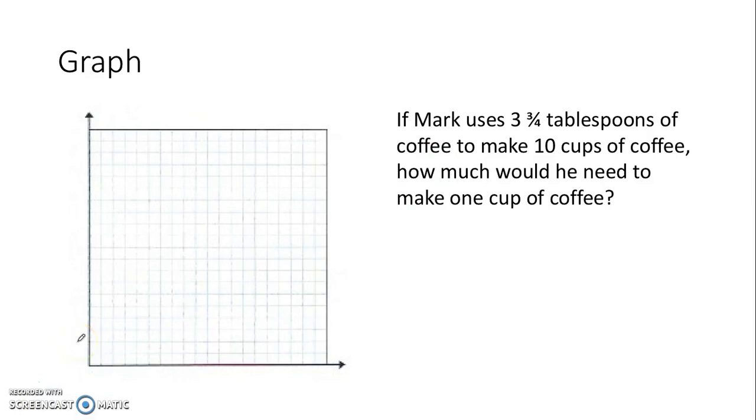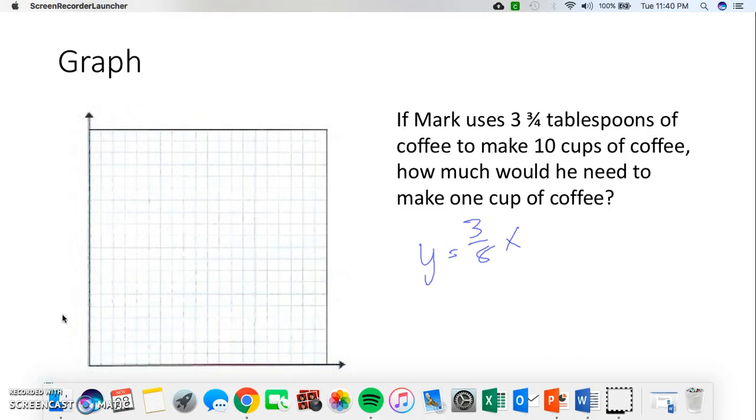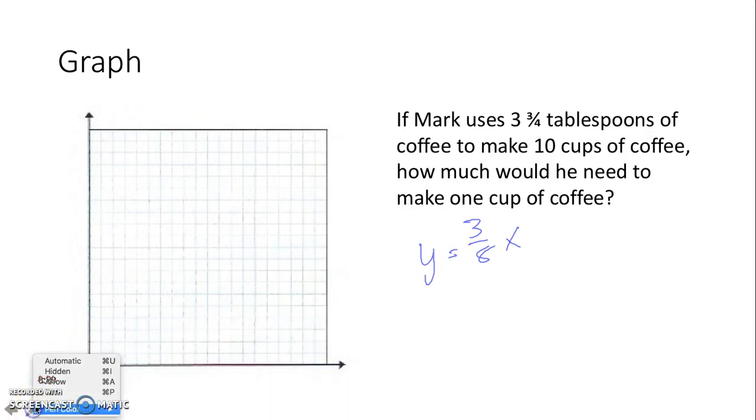So for the graph, we just figured out that the equation is y equals 3/8 x. If we went back to that table, we would know that it goes through the origin, because if you don't make any coffee, you're not going to need any coffee mix.